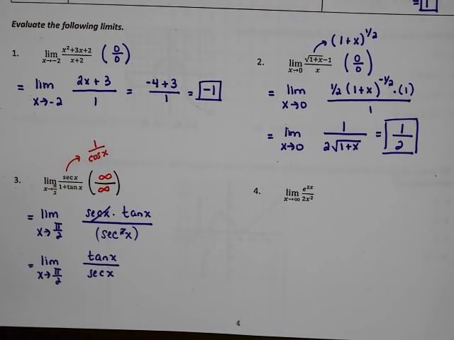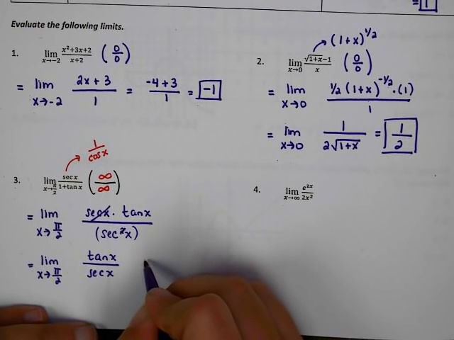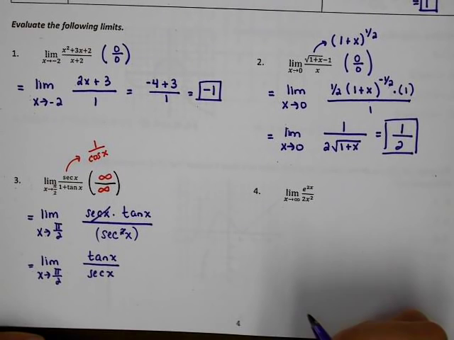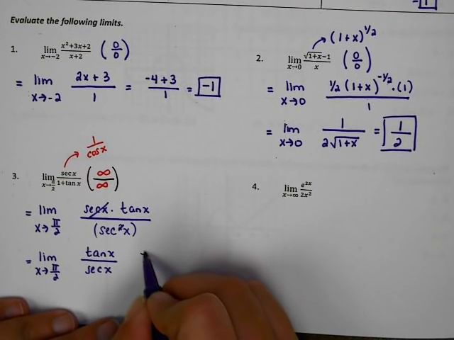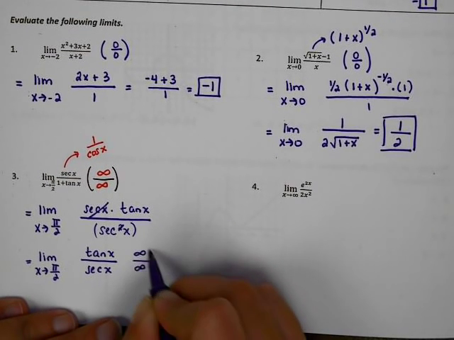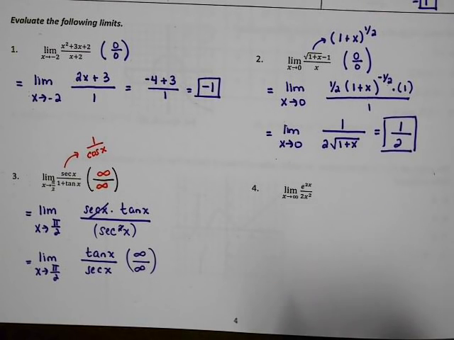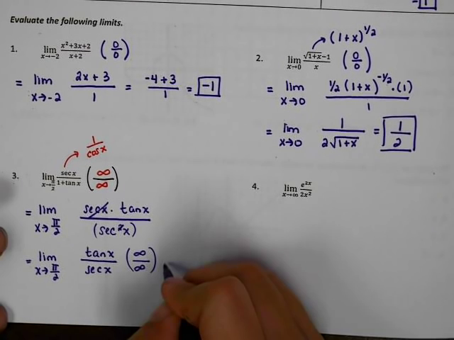Now, I can try plugging in pi over 2 again, but you're going to notice I'm going to get infinity over infinity again. So I'm actually going to try a little bit of algebraing here by rewriting this in a slightly different way.